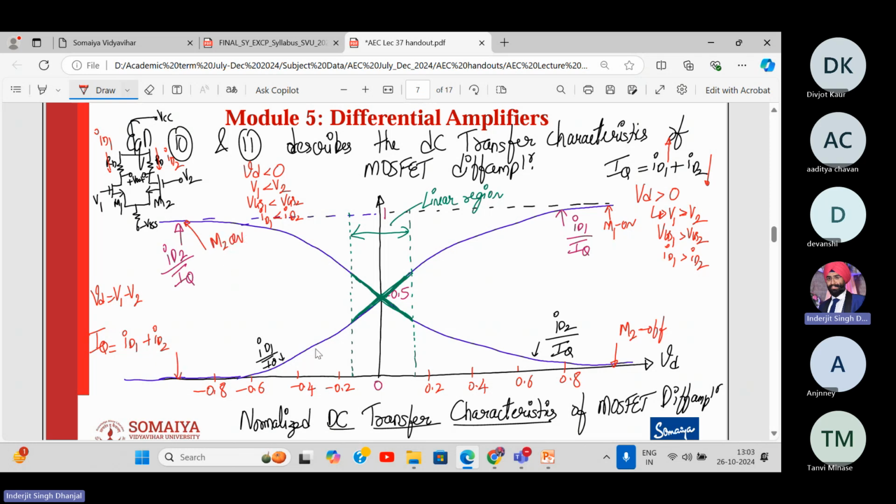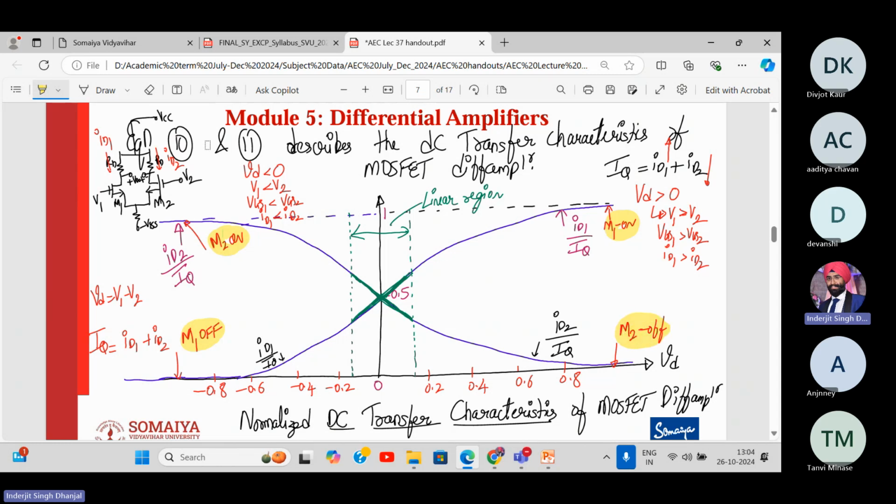And here M1 current becomes almost zero. So M1 is off. Agree? Yes or no? So these are the points which we are discussing. So over here we have M2 on, M1 is off, and here M1 is on and M2 is off.